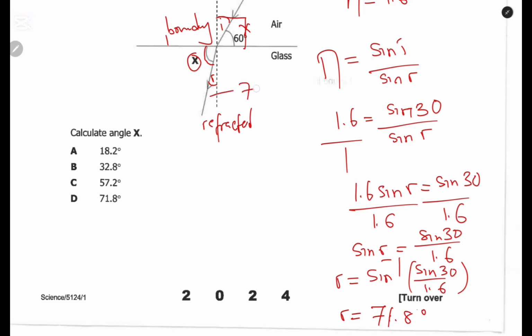So if we found this to be 71.8 degrees, we need to subtract from 90 to find this angle x here. Therefore 90 minus 71.8 gives us 18.2 degrees. So the answer is A.